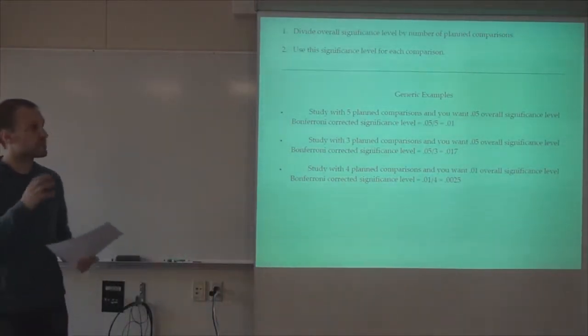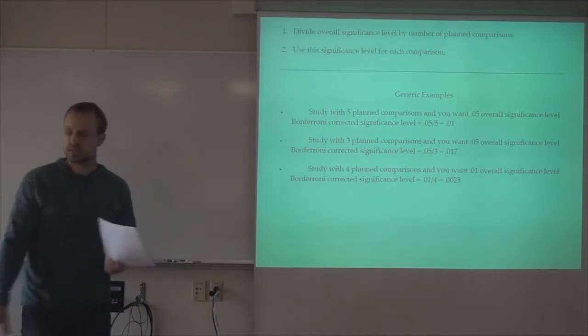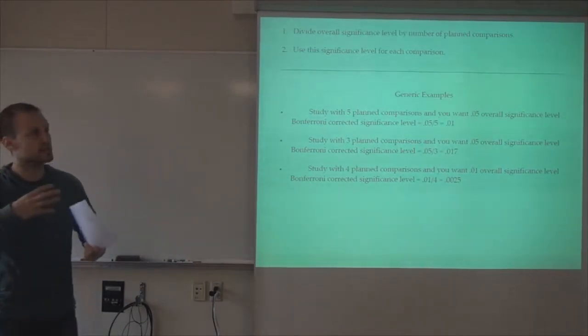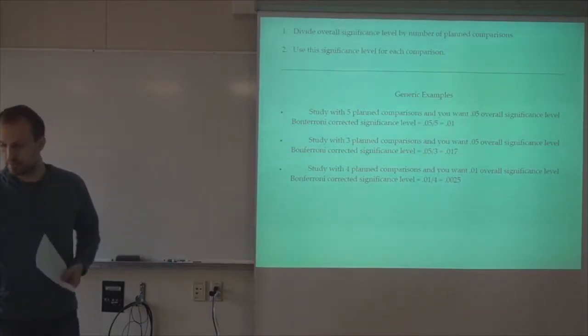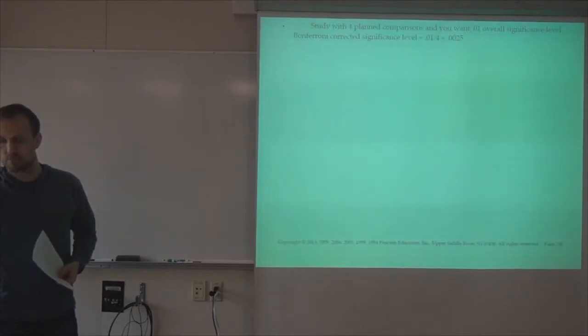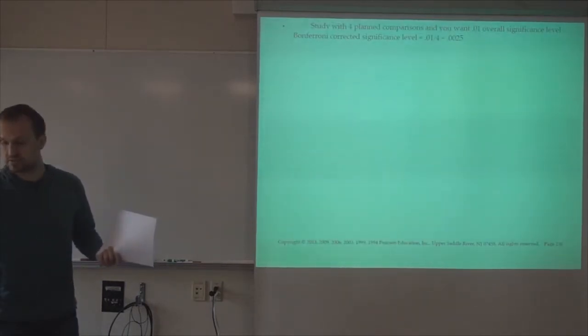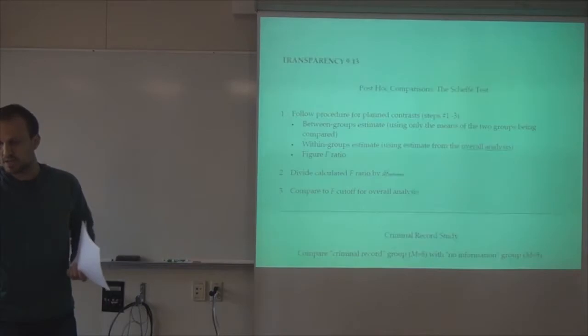It is just a first fairly basic way of avoiding the type 1 error blowing up, and if my type 1 error is too high, then I have no confidence in anything I'm saying.